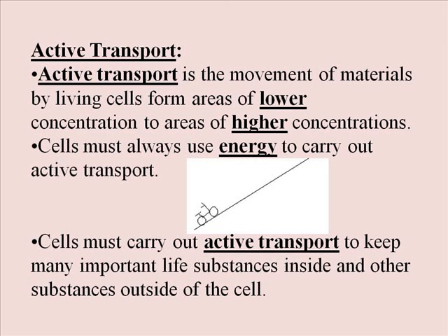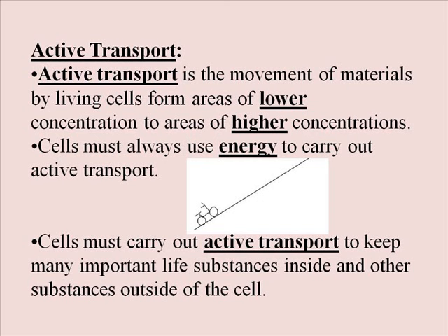So this occurs sometimes in cells. They already have a lot of stuff, so they already have a high concentration, but they need more. And they need it to move from an area where there's not a lot of it. So this is now like riding a bike up the hill. We're going from the low end of the hill and have to move to the high end of the hill.